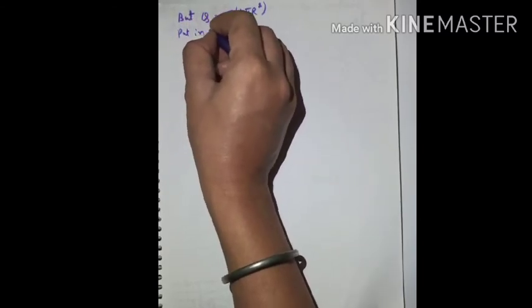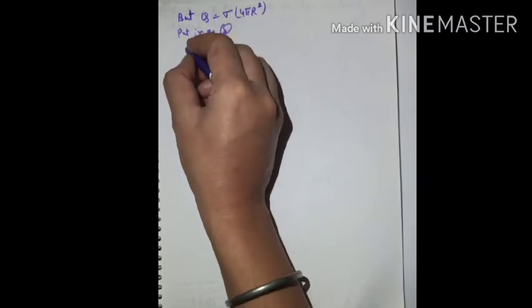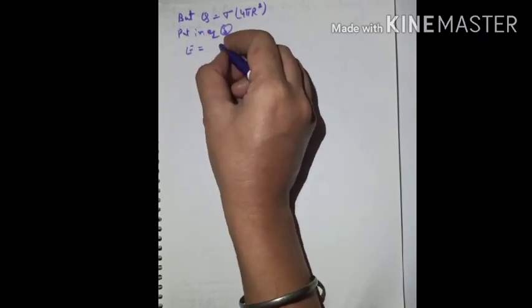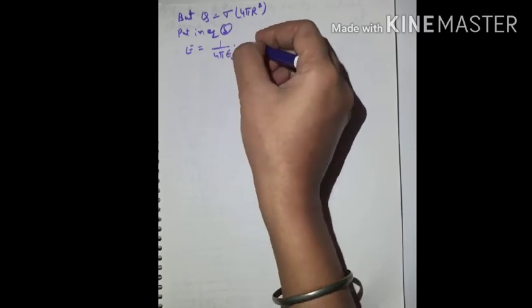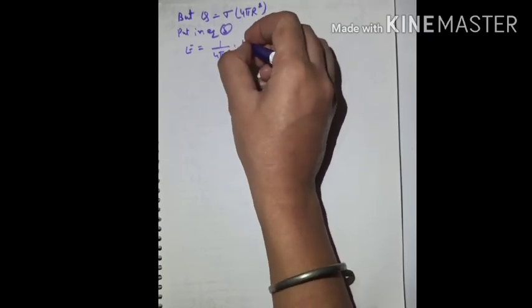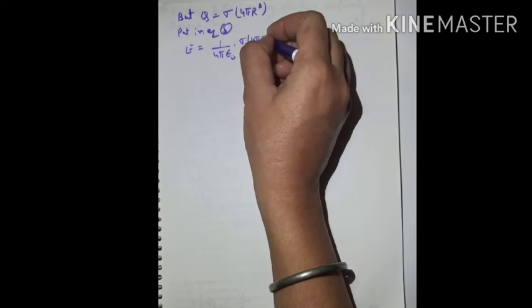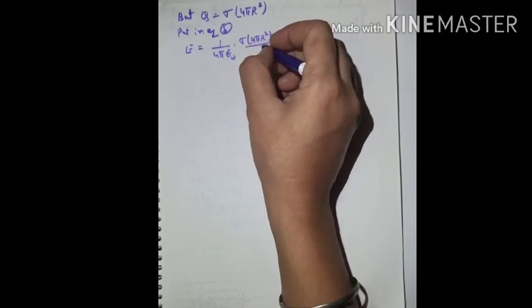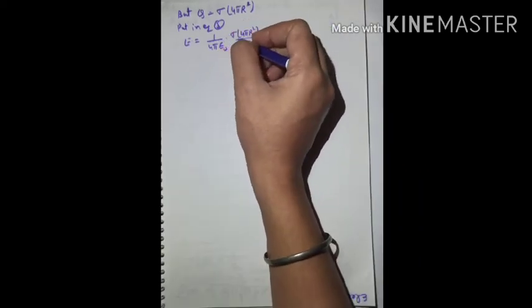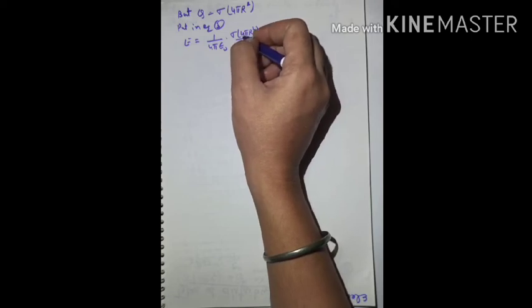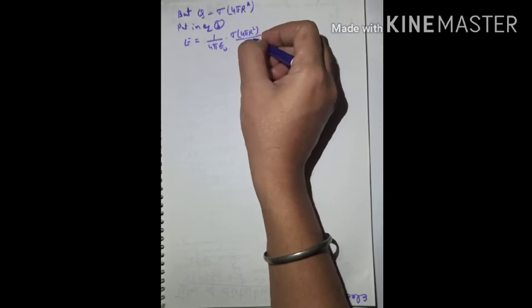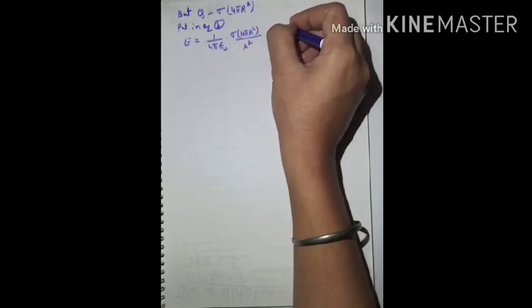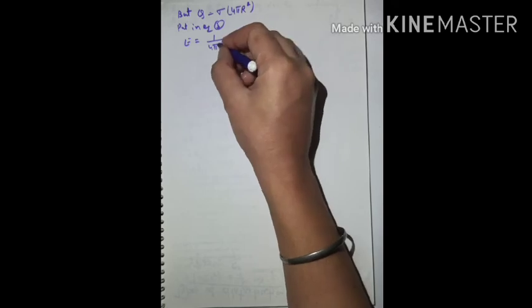Put in equation number 3, we get E is equal to 1 by 4 pi epsilon naught into value of Q, which is sigma 4 pi R square, over small r square. 4 pi cancels.